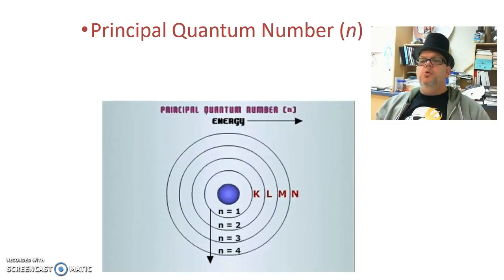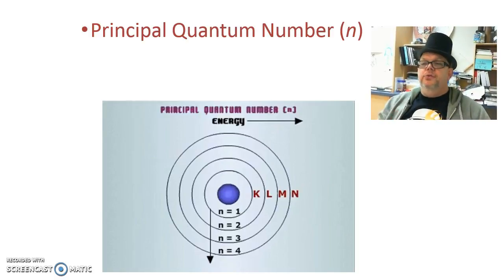Okay, so here we go with our principal quantum number, n. As you can see on our beloved diagram here, we have our nucleus, n equals 1, n equals 2, n equals 3, n equals 4. So we have 4 energy levels here. The higher you go, the more energy you have. Also, the higher you go, the levels get larger in size.